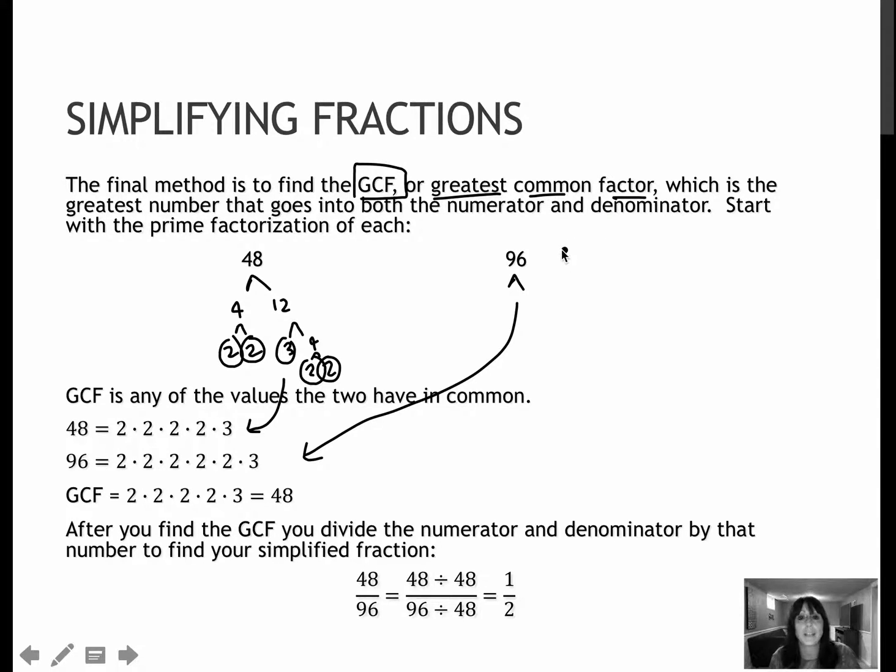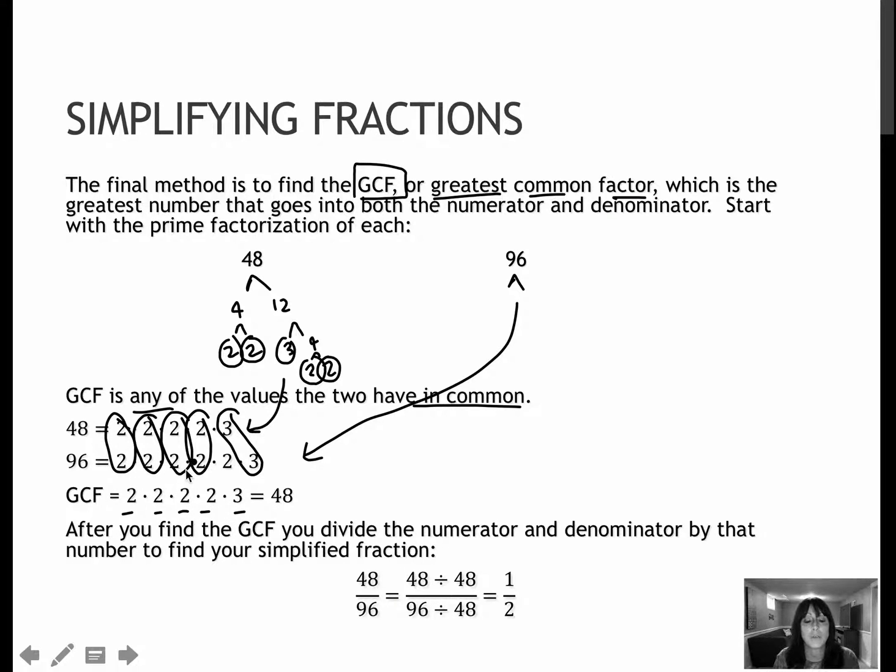The method for finding the greatest common factor is to essentially list both prime factorizations, and then I'm looking for anything that they have in common. So I'm looking for pairs. So I have a pair of 2's, a pair of 2's, a pair of 2's, a pair of 2's, and a pair of 3's. So every pair, notice I wrote that value 1 time.